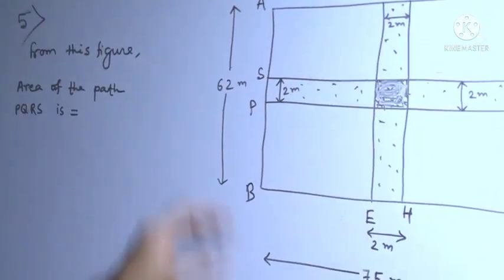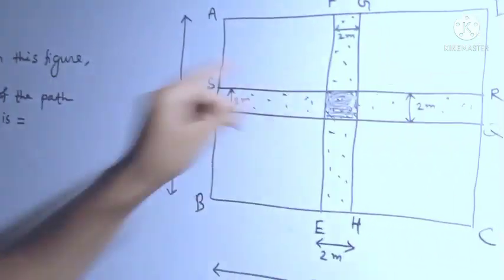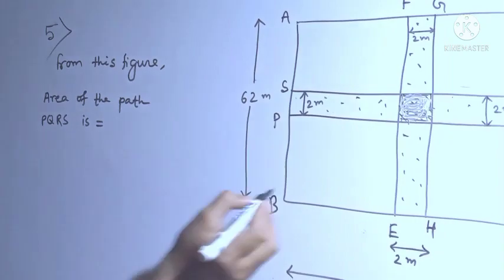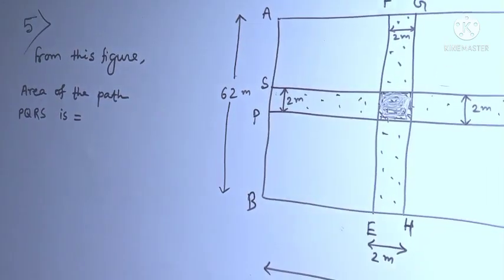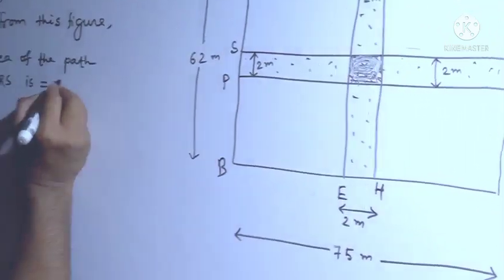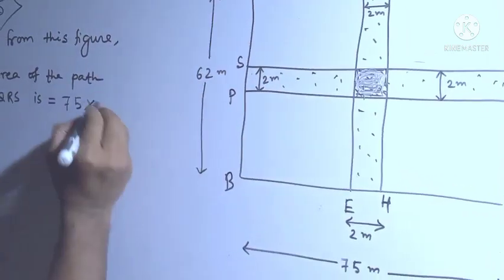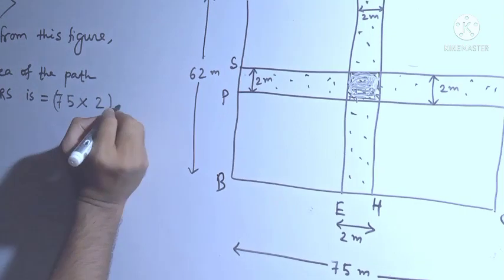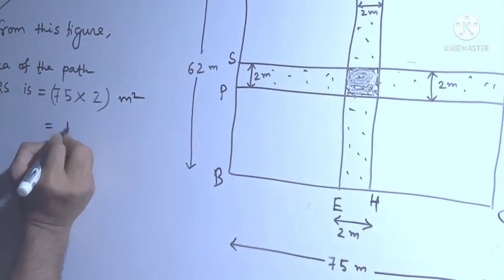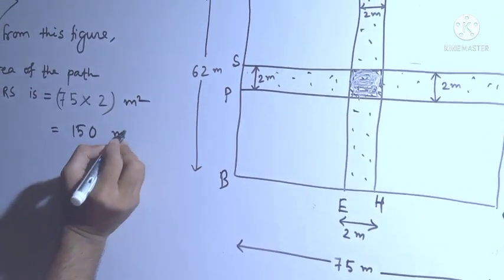So we will get the area of PQRS equal to length PQ, that means 75 into breadth 2 meter square, so 150 meter square.